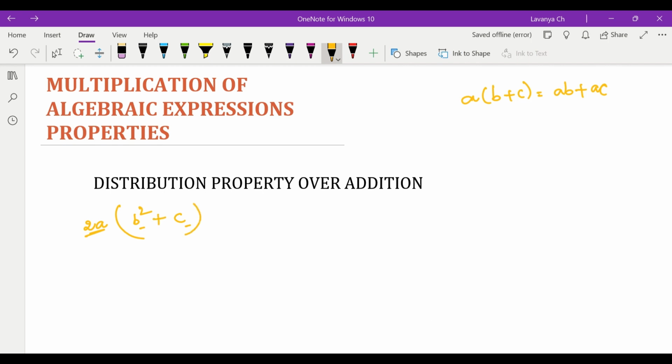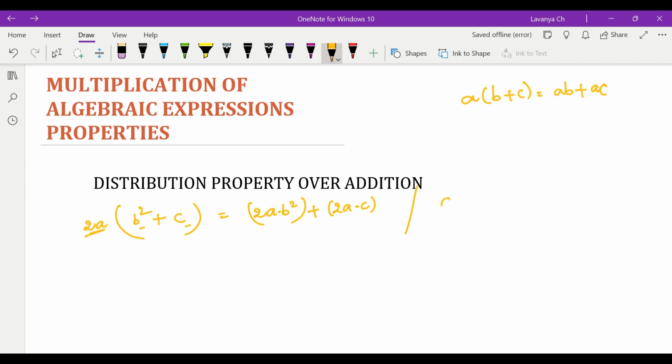Multiplication over addition should be equal to 2a into b square plus 2a into c. We don't know whether this is true or not. For that, we will substitute some values for a, b and c, and see whether this equation is satisfied or not.